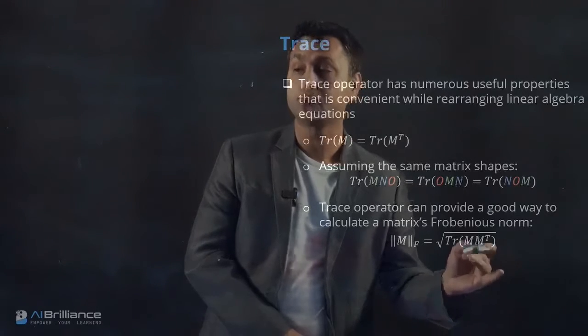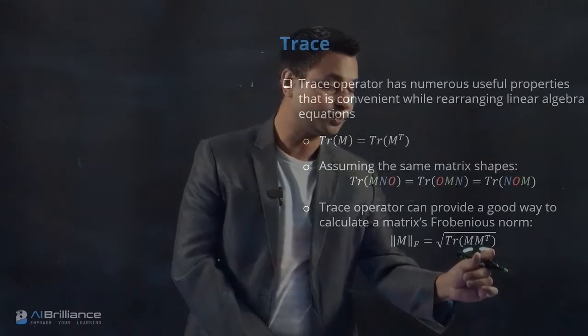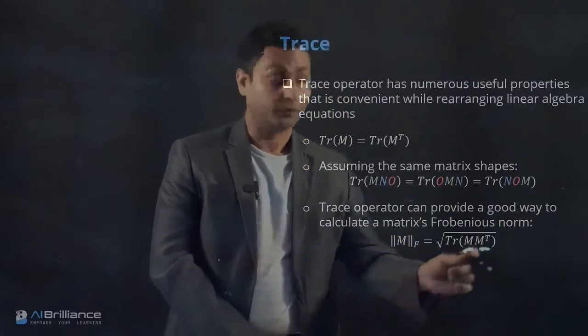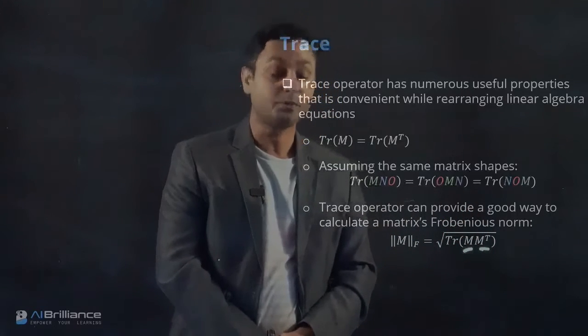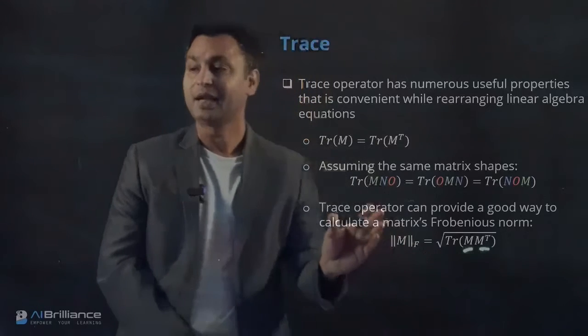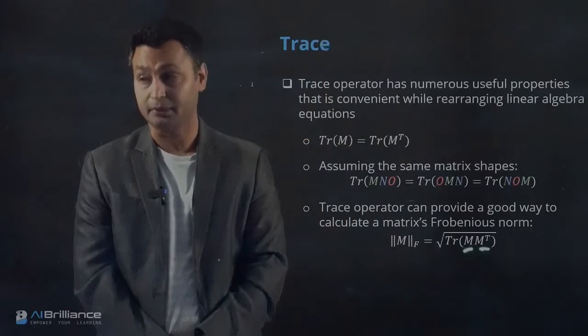So the matrix M itself is multiplied with its transpose, and when we take the trace of that multiplied matrix and take a square root of that, that will give me the Frobenius norm of the original matrix M that we are interested in.